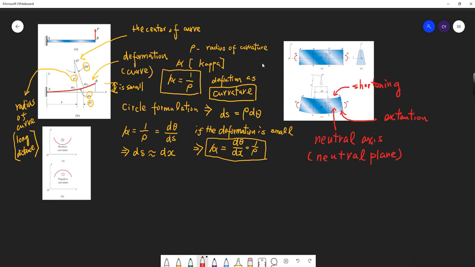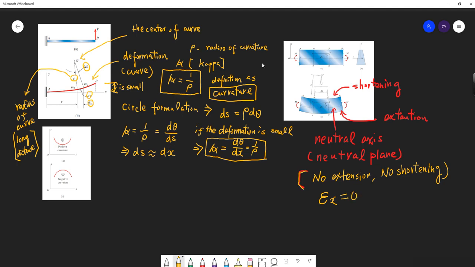But in here is no extension, no shortening. So in this case, we have no strain.